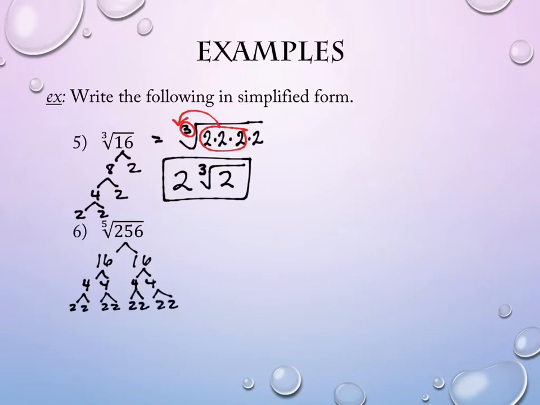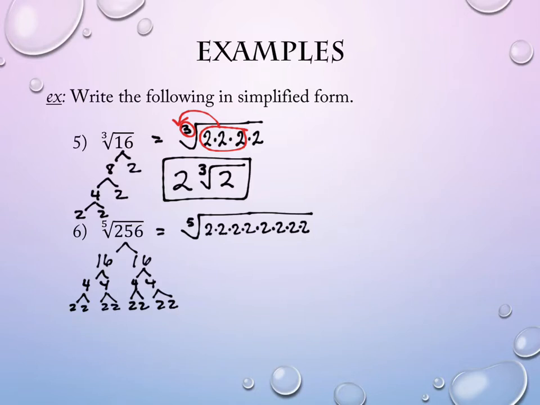How many 2s, in fact? 8 2s. All right, so I have 2 times 2 times 2 times 2 times 2 times 2 times 2 times 2. Did I get them all? Lovely. How many is it going to take to pull it out? Not quite. 5.